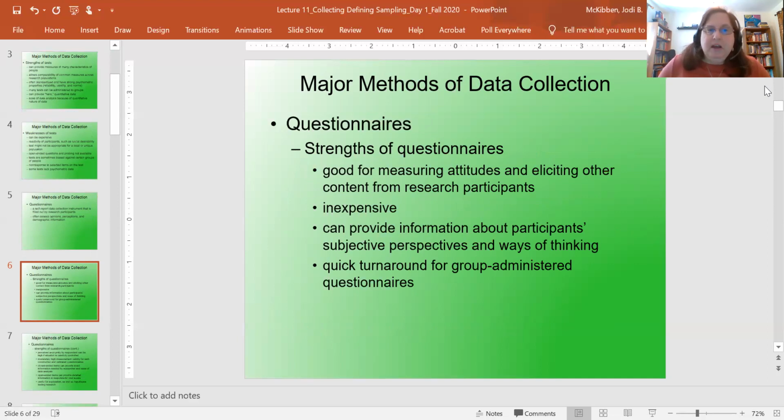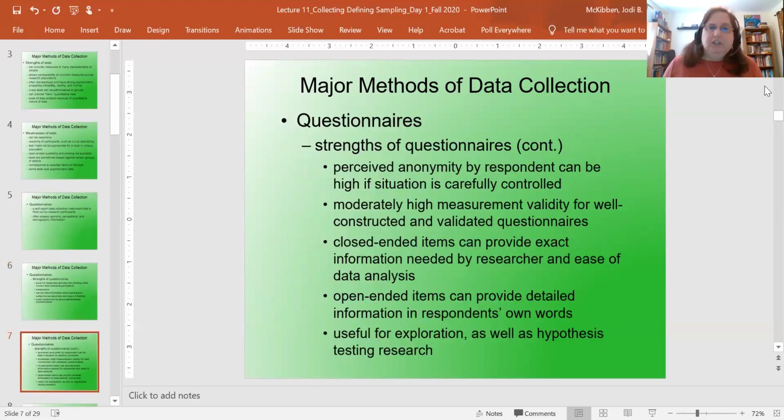You can learn about perspectives, ways of thinking, and you can get a nice quick turnaround if you do a group administration. Sometimes you can actually set up questionnaires in a way that your participants can feel very anonymous, and that can be really helpful in terms of getting both truthful and useful responses.